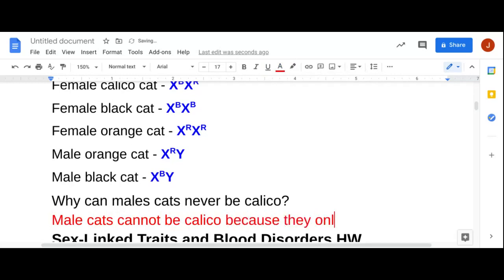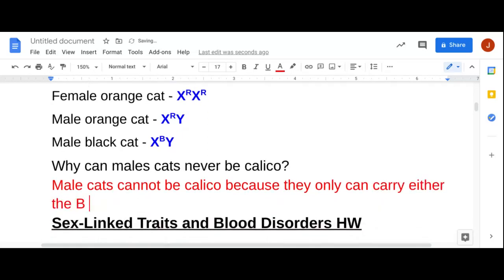because they can only carry either the black fur gene or the orange fur gene. Not both.